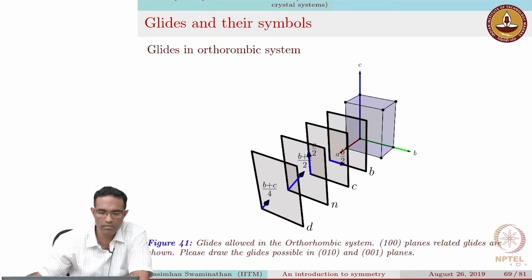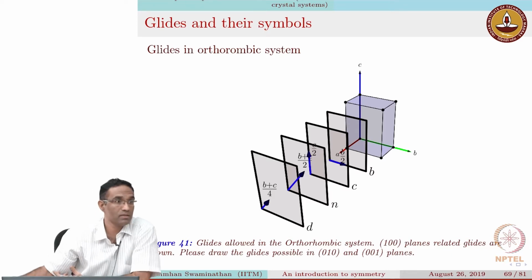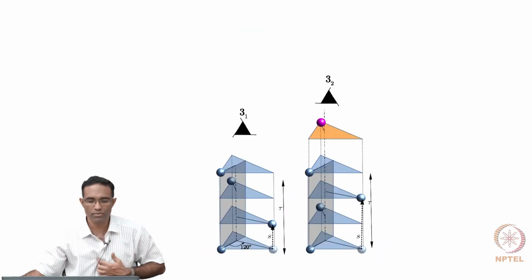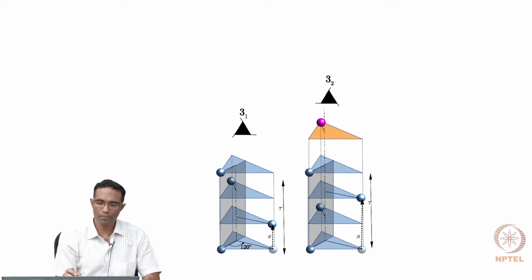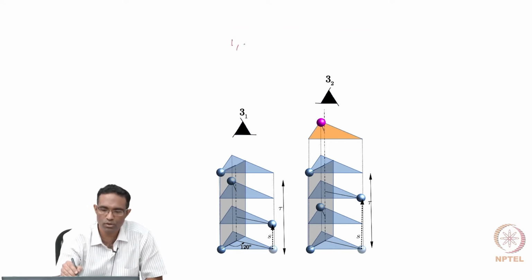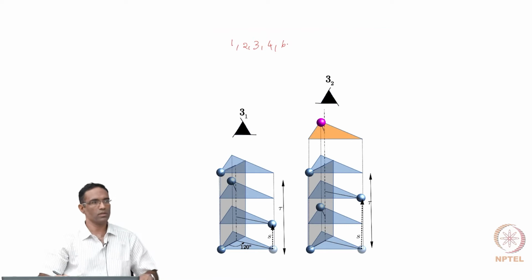Okay, then we went on to talk about the next translation-based symmetry operation, which is basically screw rotations, and we took the example of 3-1 and 3-2, if you remember correctly. So in this operation you perform one of the allowed rotations, which is either 1-fold, 2-fold, 3-fold, 4-fold or 6-fold, nothing else.